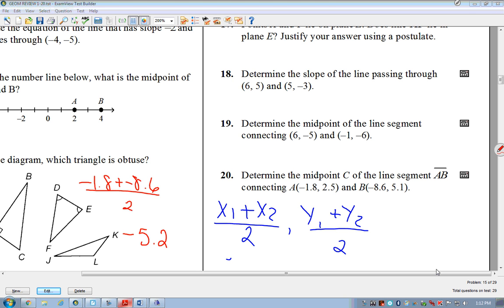Just trying to do that off the top of my head. What is y sub 1? 2.5 plus 5.1 divided by 2. It looks like it's going to be like 7.6 divided by 2, which is 3.8. So we're going to set it back up as a coordinate pair.